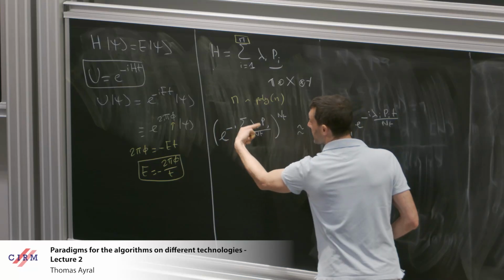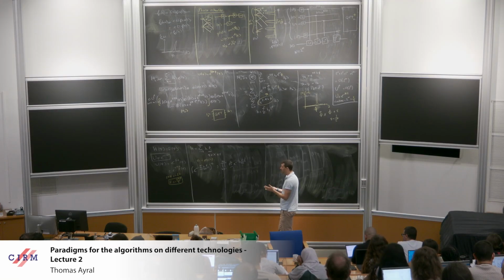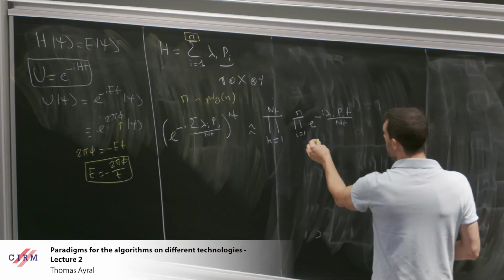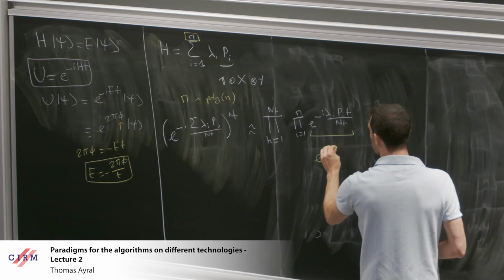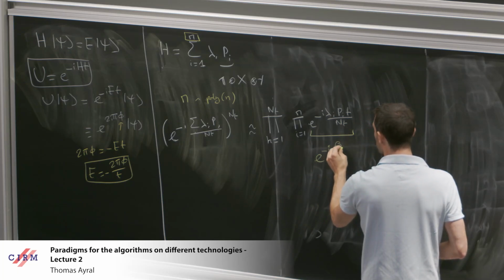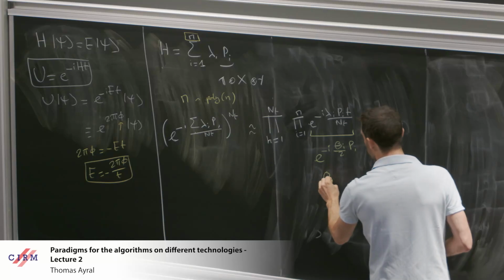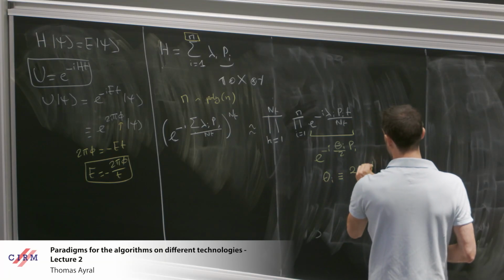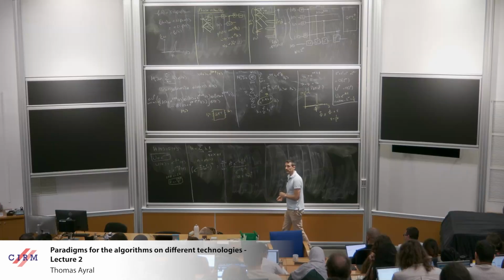I essentially turned this exponential of a sum into a product of exponentials. But now, why do I go to such great lengths to explain that? It is that this here is of the form exponential of minus i theta_i P_i divided by 2, where theta_i here is defined as 2 times lambda_i times t divided by N_T. Okay, you agree with that?